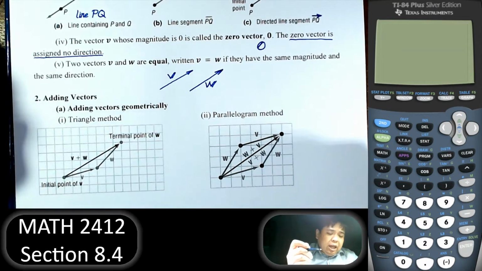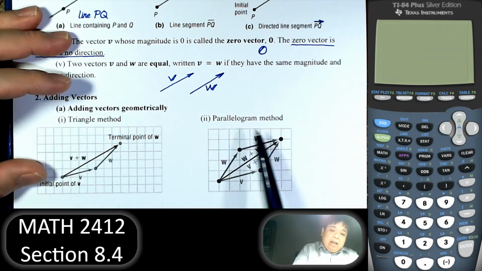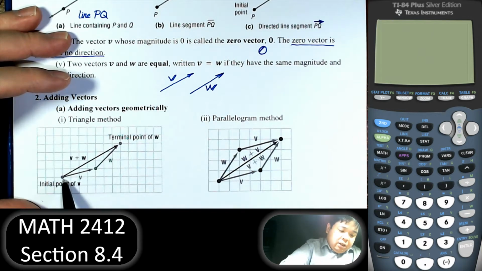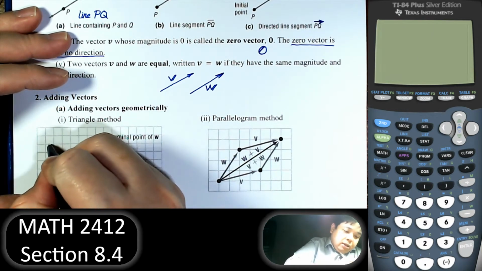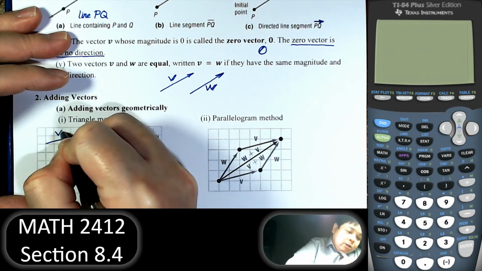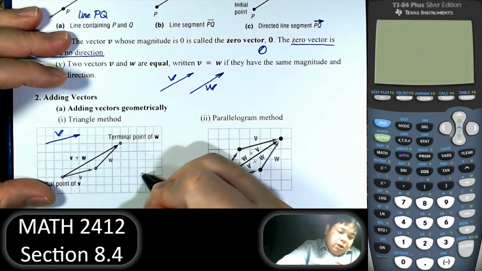Right. Now, how do we add vectors? For adding vectors, there are two ways to do that. They're called the triangle method and the parallelogram method. So let's say we have vector v and vector w.